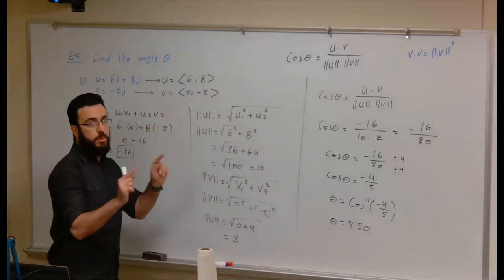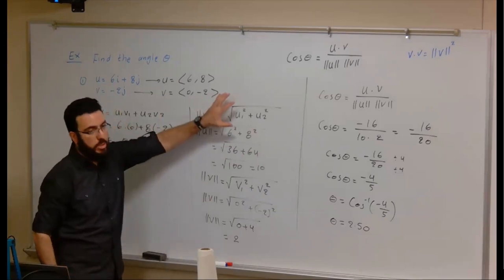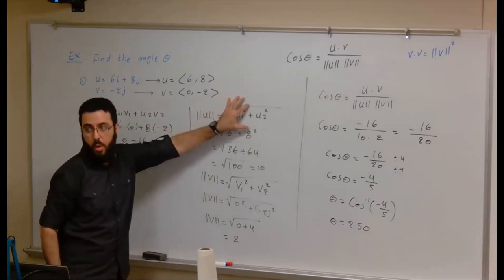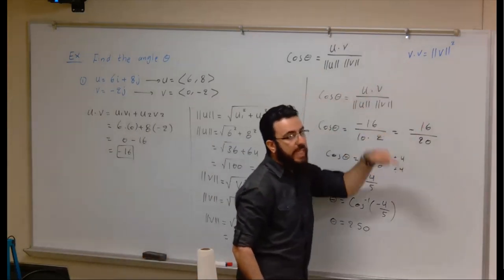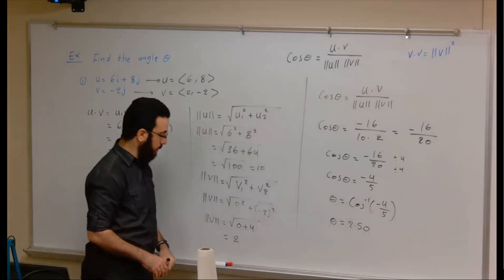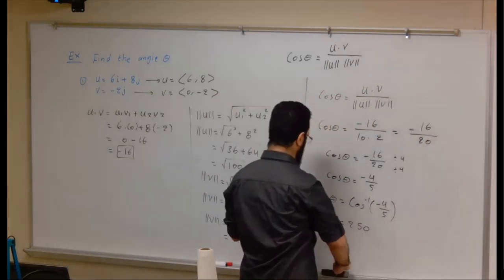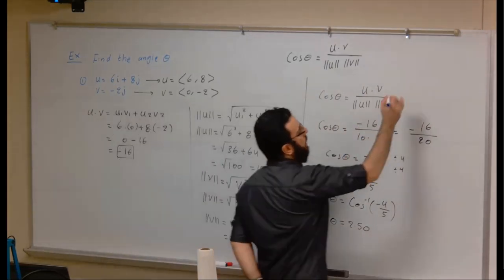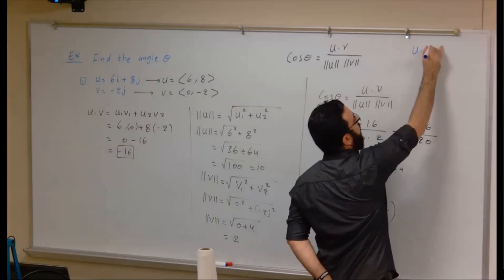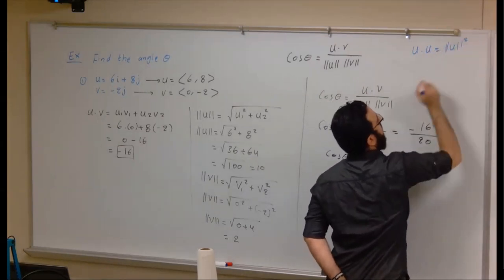Again, when you need to find the length, you can use this rule, okay? Or you can say, okay, if I do the dot product between the vector and itself, we have to get exactly the same length. So I'm gonna do it with the U. They're telling you the dot product with U equal the length of U squared.